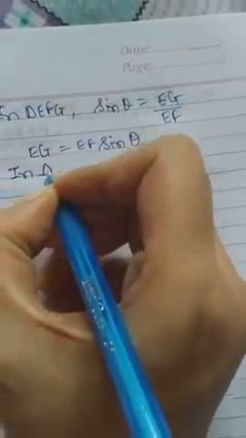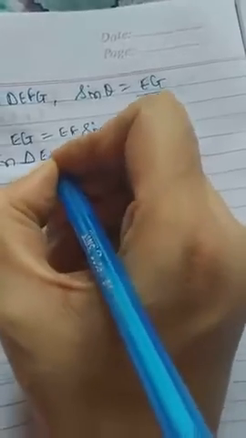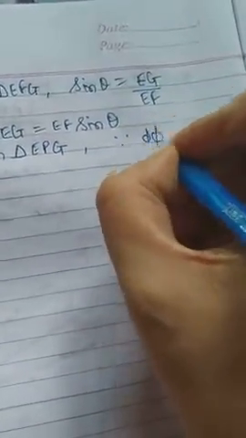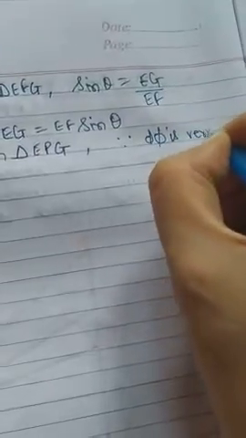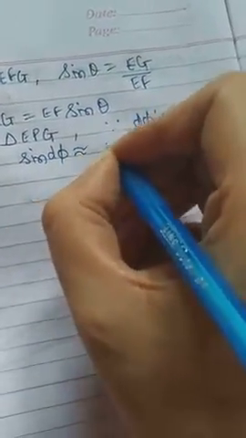So we'll write, in triangle EPG, since d phi is very small, therefore sin d phi will be almost equal to d phi.